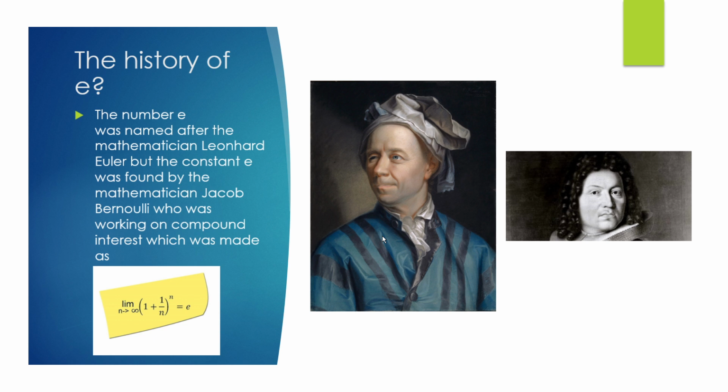The history of e. The number e was named by the mathematician Leonhard Euler, but the constant e was actually discovered by the mathematician Jacob Bernoulli, who was working on compound interest, which was basically that equation: the limit as n approaches infinity of (1 + 1/n)^n.